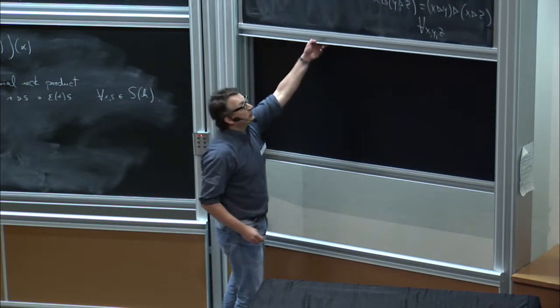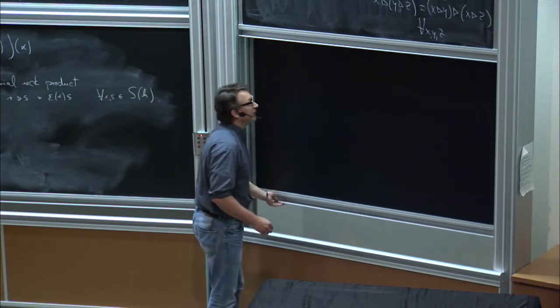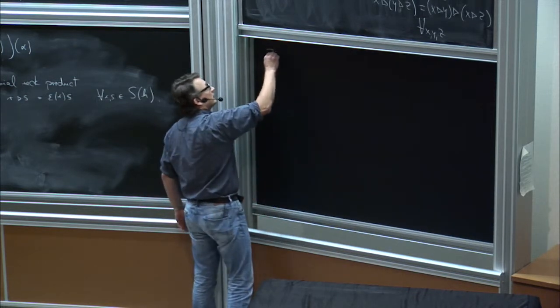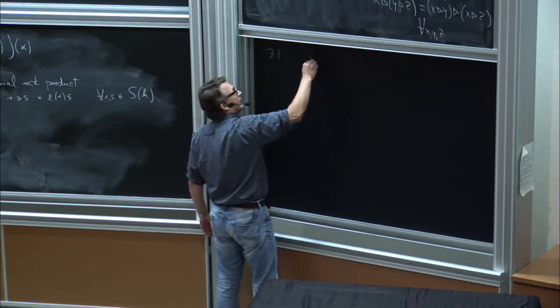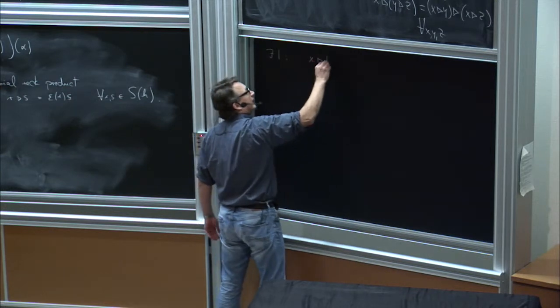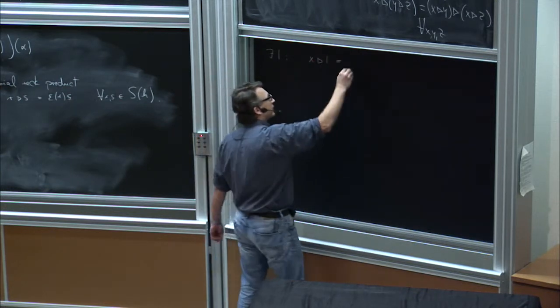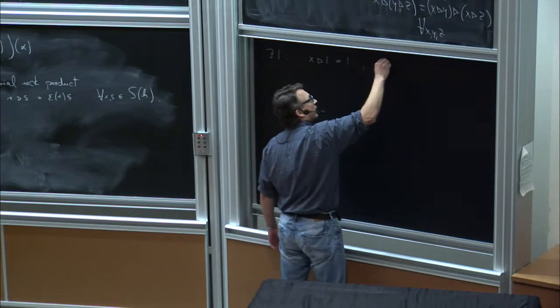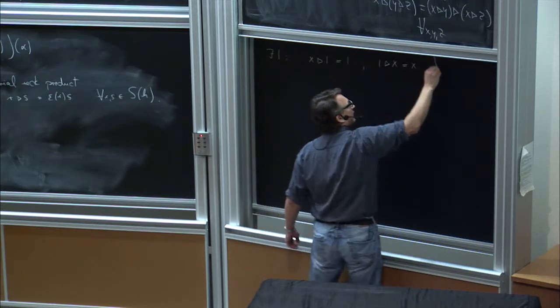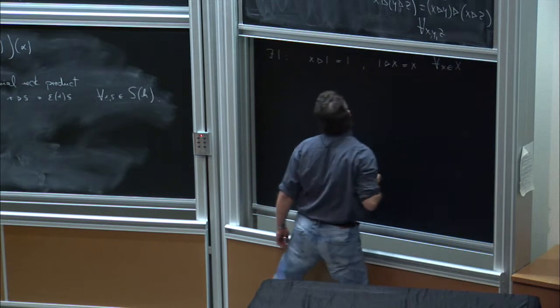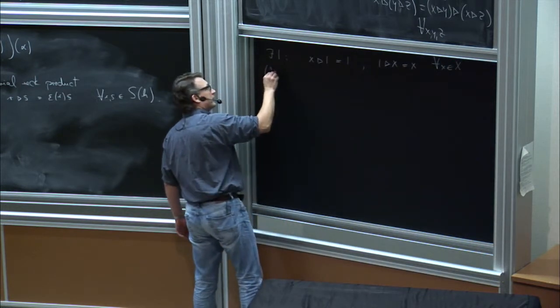You call such a rack pointed if there is an element 1 such that x on 1 is 1 and 1 on x is x for all x. So this is then pointed.